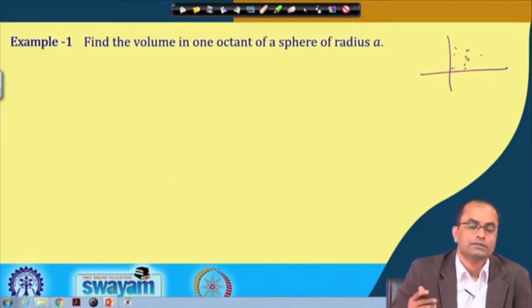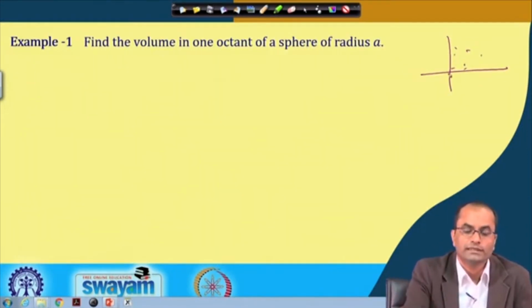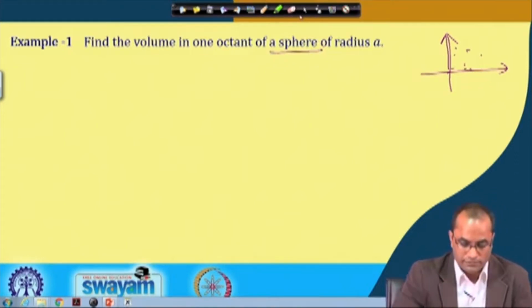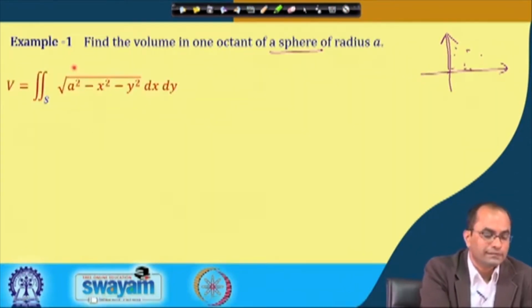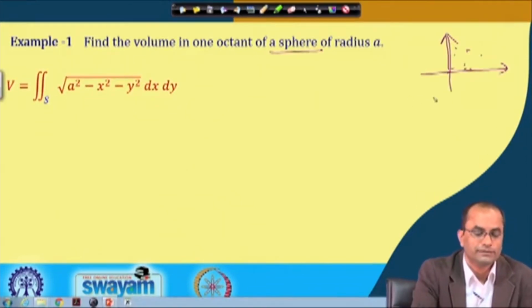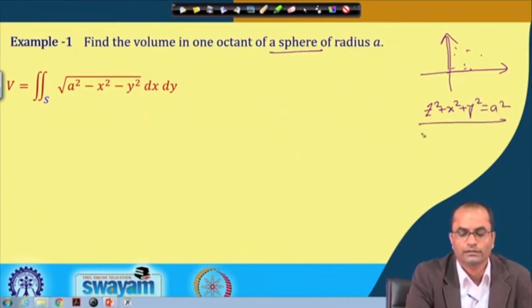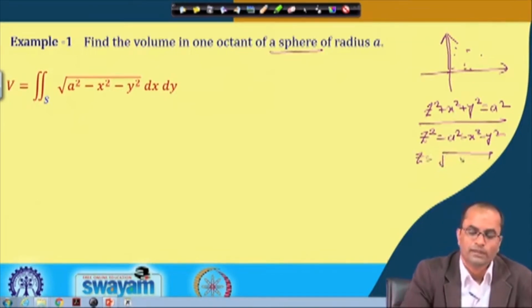The limits we can easily compute for this one, and our surface here is given by the sphere. We have the integral in terms of this volume, coming from the sphere, because the equation of the sphere was z square plus x square plus y square is equal to a square. From here you can compute z square is equal to a square minus x square minus y square. So, z will be positive here, because we are talking about just one octant.